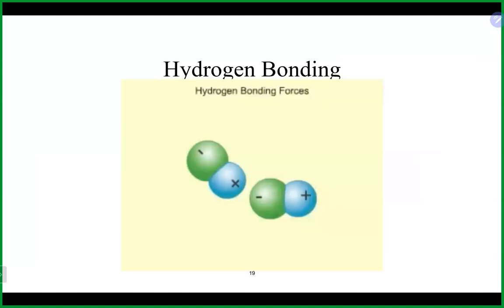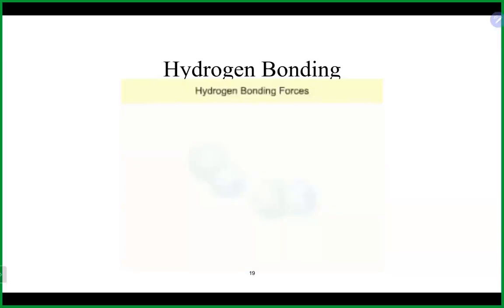Some polar molecules have unusually strong intermolecular attraction called hydrogen bonding. These attractions occur in molecules where hydrogen is bonded to fluorine, oxygen, or nitrogen. The interaction occurs between the hydrogen of one molecule and an unshared electron pair on the more electronegative element in another molecule.